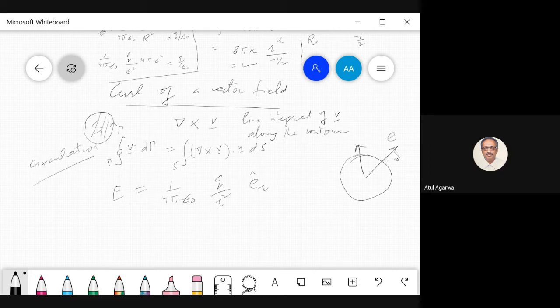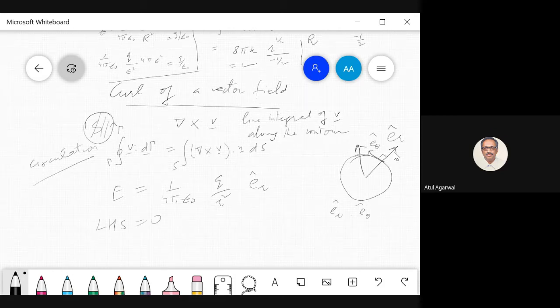So this is your E_r, and this d gamma is your E theta. You have taken a circular contour. So what will you get if you take this dot product? E_r dot E theta, since this is 90 degrees, is 0. So you will get a 0 circulation. So the left hand side becomes 0.